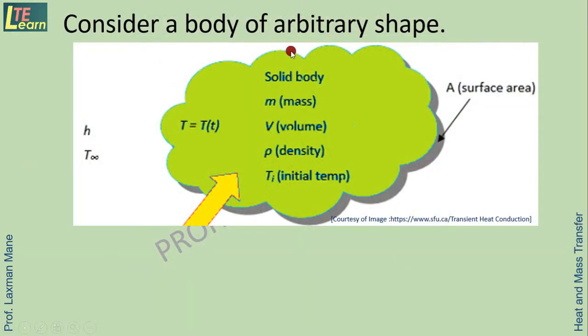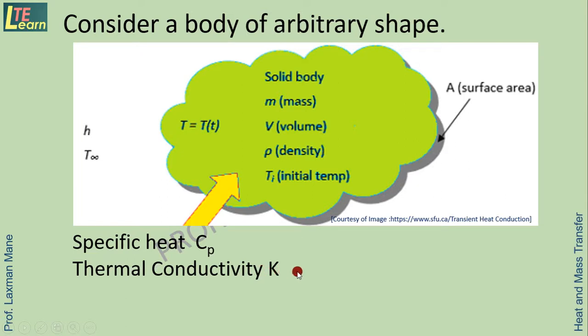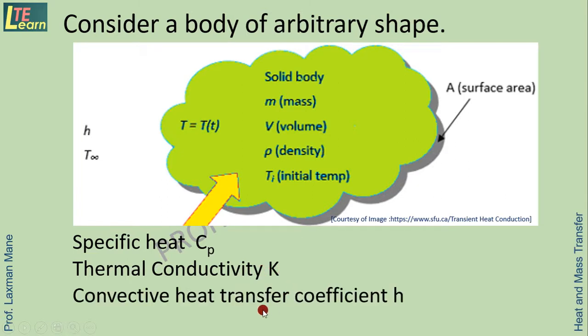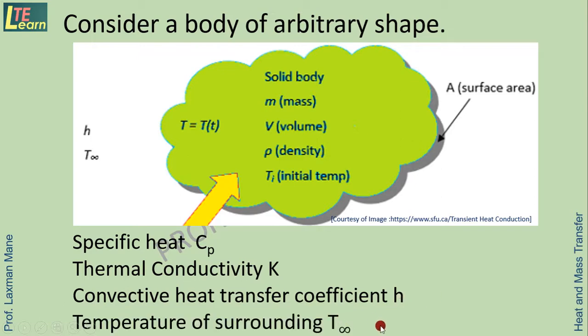So consider a body of arbitrary shape where m is the mass, V is the volume, ρ is the density, Ti is the initial temperature, A is the surface area, specific heat Cp, thermal conductivity k, convective heat transfer coefficient h, and temperature of surrounding, that is T infinity.